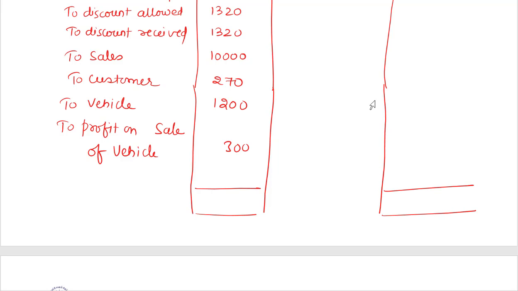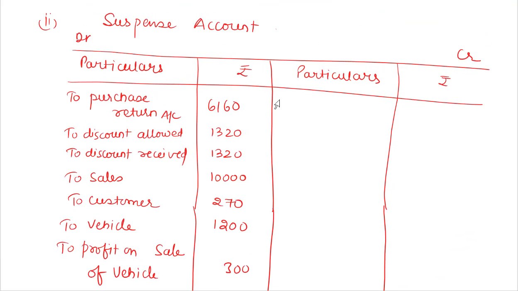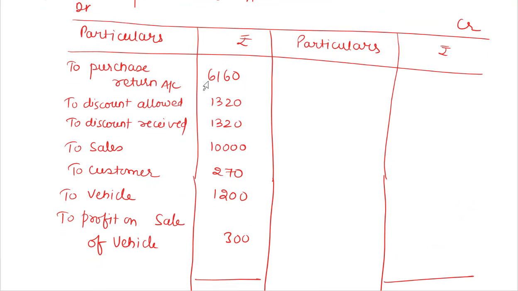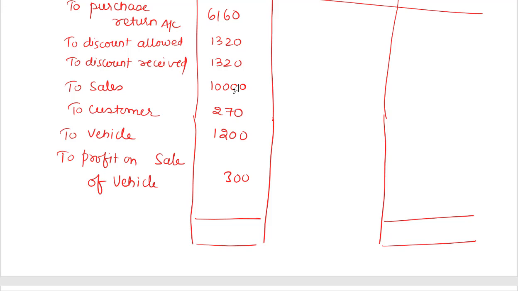We will close it. Just make a quick total of this. 6160 plus 1320 plus 1320 plus 10,000 plus 270 plus 1200 plus 300 equals 20570.